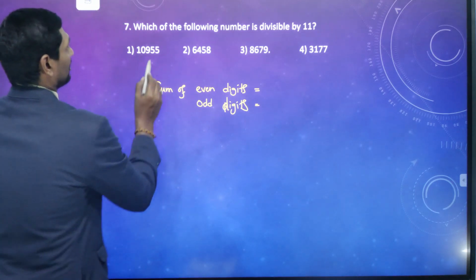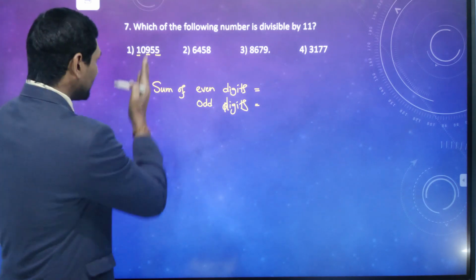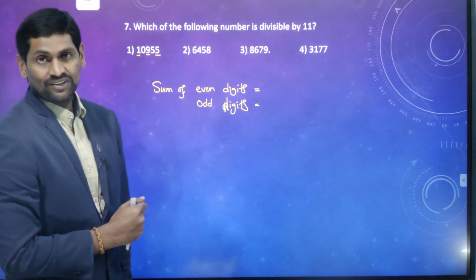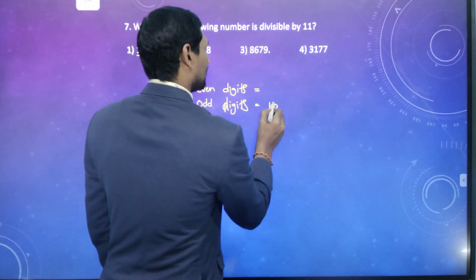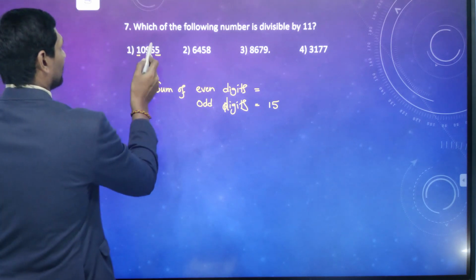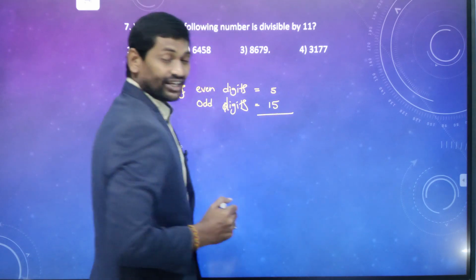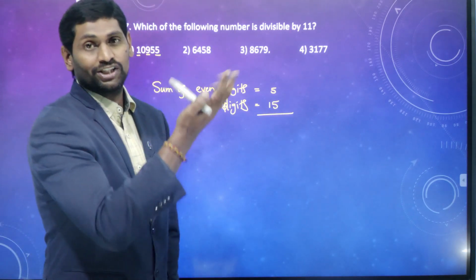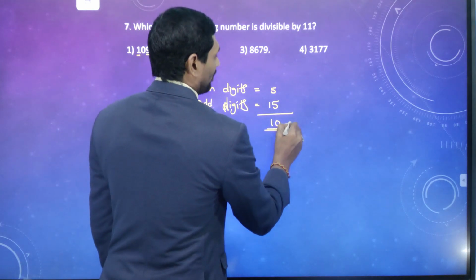Now, first option. Odd places are 5, 9 and 1: first place, third place and fifth place. Let us add 5 plus 9, 14, 14 plus 1, 15. The sum of odd place digits is 15. Now the even place digits are only 5 plus 0, which is 5. We know that the difference is larger number minus smaller number. So 15 minus 5 is 10, which is not a multiple of 11.